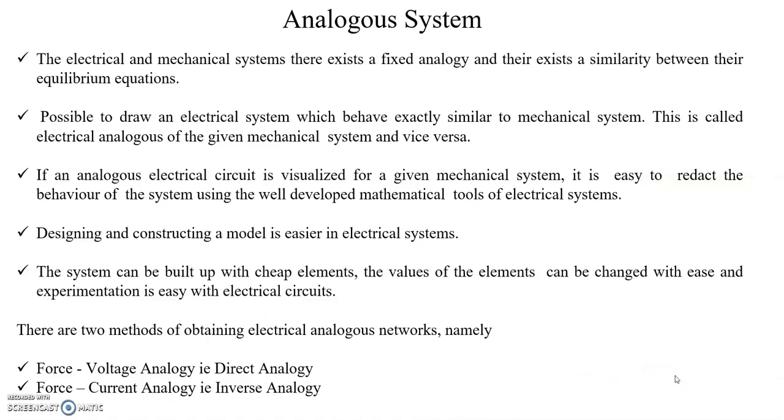Between electrical and mechanical systems there exist similarities between their equilibrium equations. It is possible to draw an electrical system which behaves exactly like a mechanical system; this is called the electrical analogous of the given mechanical system, and vice versa.